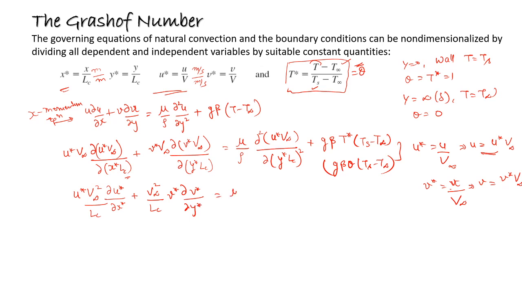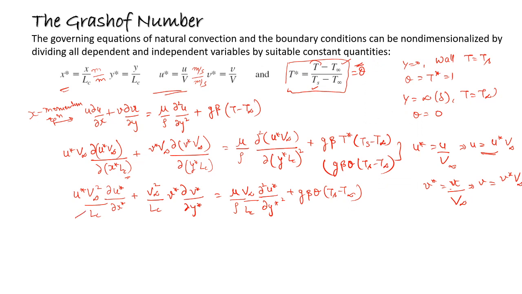It is equal to mu divided by rho V infinity LC square, derivative square of u star over derivative of y star whole square, plus g beta theta Ts minus T infinity.